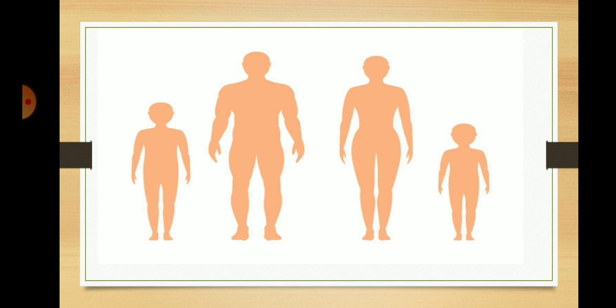How these ruminants digest this plant cell or the cellulose, we have to discuss in this chapter. In human beings, we cannot digest the cellulose or the cell wall of these plants. Though we eat it, we can't digest it, because we don't have that mechanism of digestion of the grass or the plants.